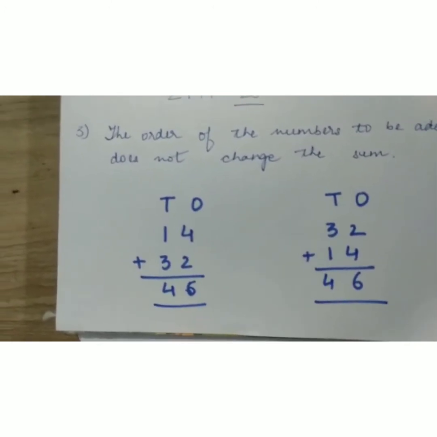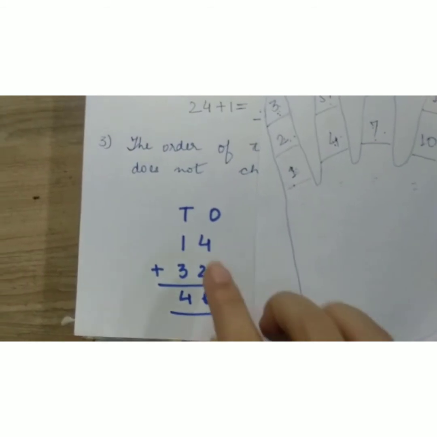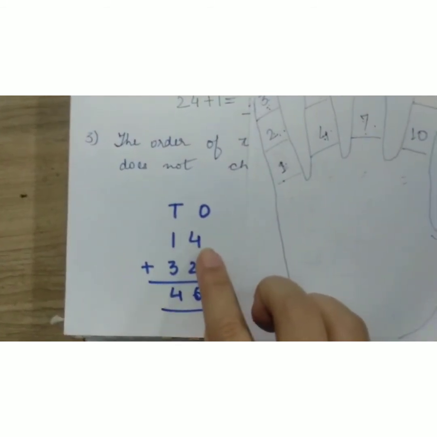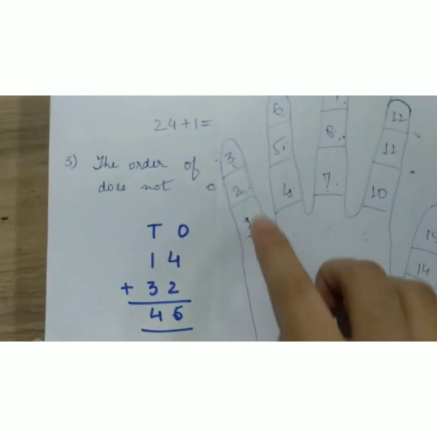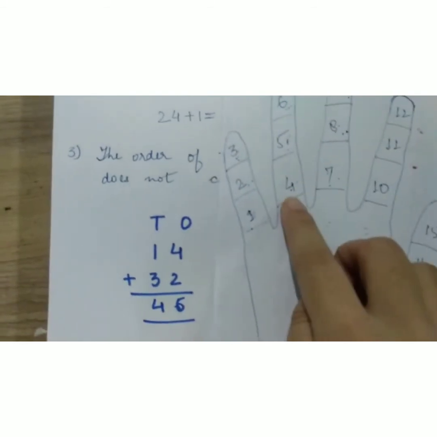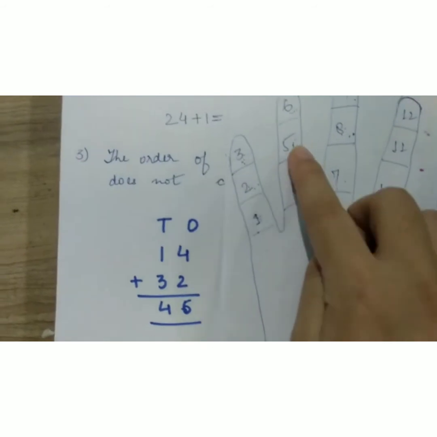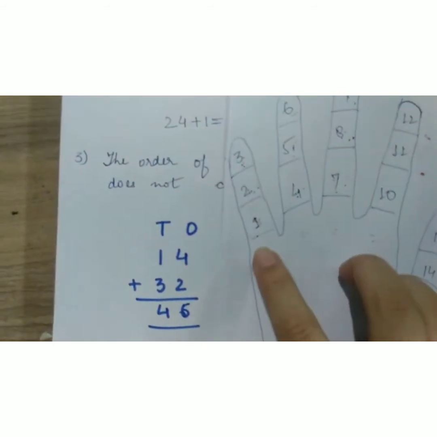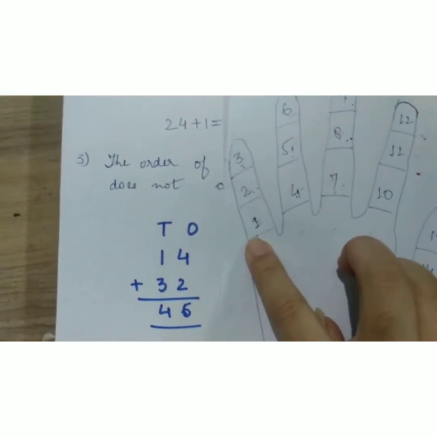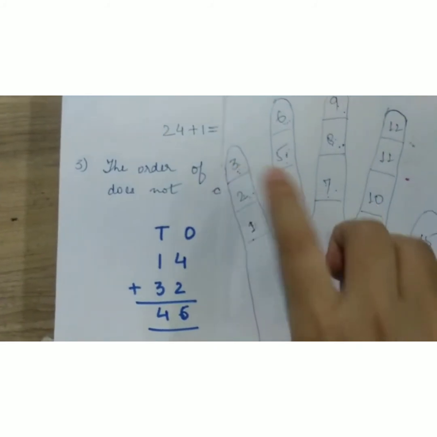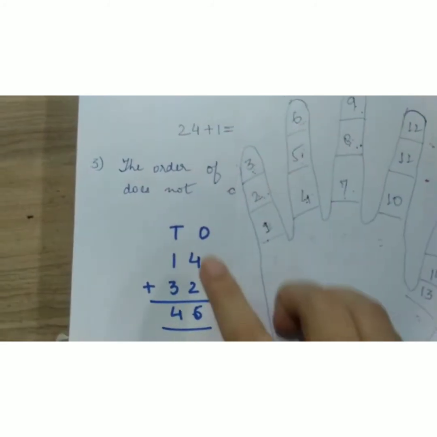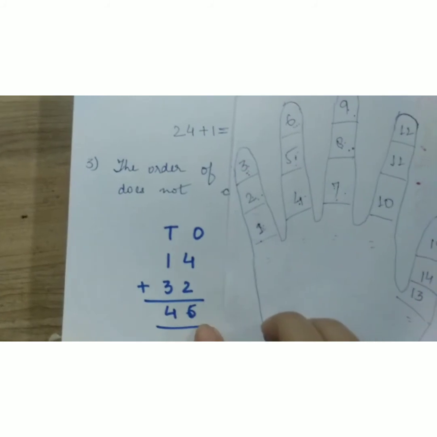Let's count it also. Ones place first digit is 4. So 1, 2, 3, 4. And ones place second digit is 2. So after 4, 1 and 2. And we will count it from where we have started. 1, 2, 3, 4, 5, 6. So the sum of ones place is 6.